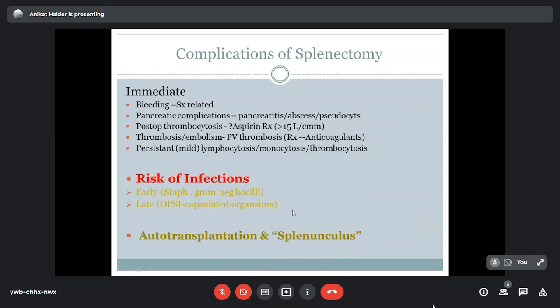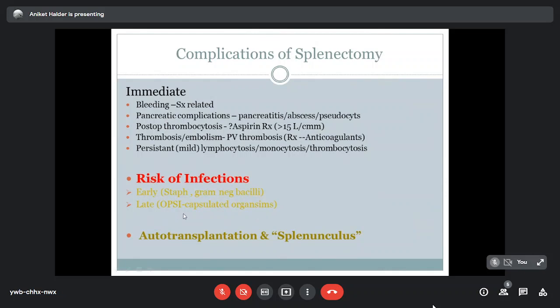So when we have done a splenectomy, the individual is susceptible to infections by these encapsulated organisms, which can cause life-threatening infection, which is known as OPSI, or the overwhelming post-splenectomy infections.